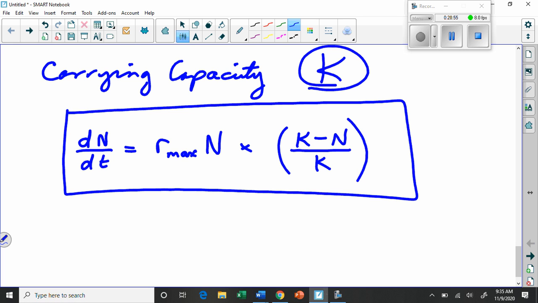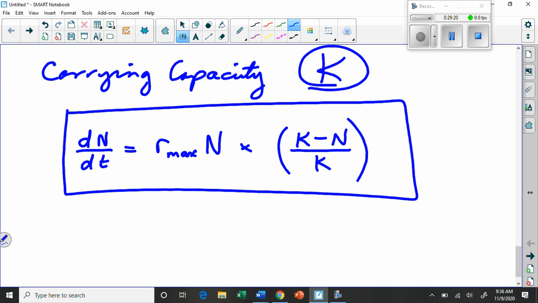Now let's talk about this factor and what it means. Well, if you have a very small population, let's say you had 2 foxes in this entire region, those 2 foxes would be having a heyday. They would never run out of food. There'd be resources galore. And we would expect that they would start to grow exponentially, continuously.